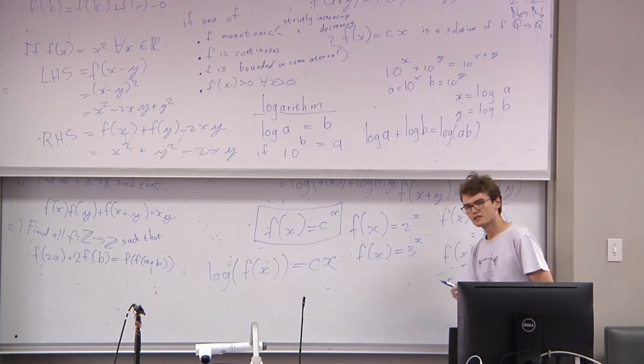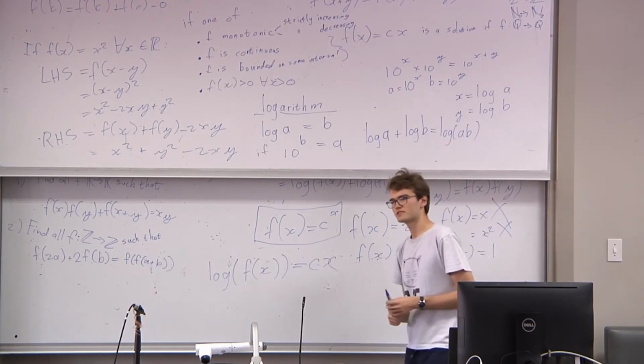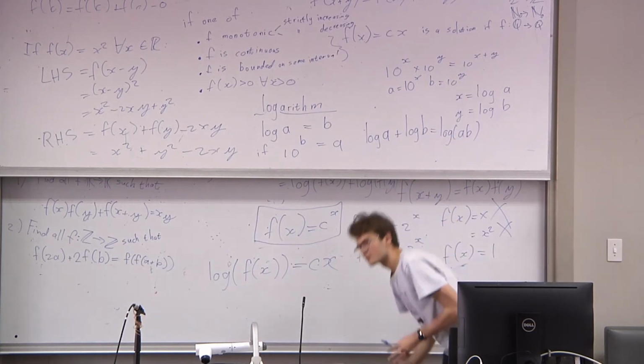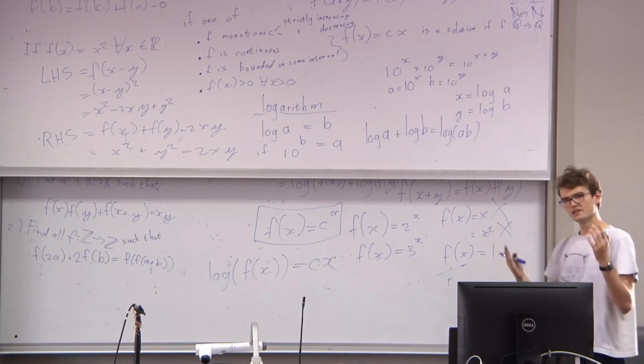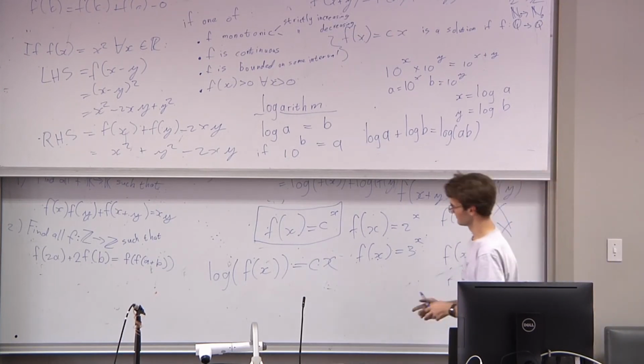Okay, and well, we don't want log of f of x, we just want f of x. So just as logarithms are the inverse of exponentiation, exponentiation is the inverse of the logarithm.